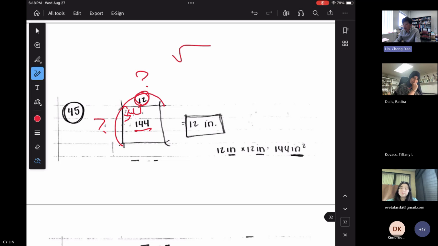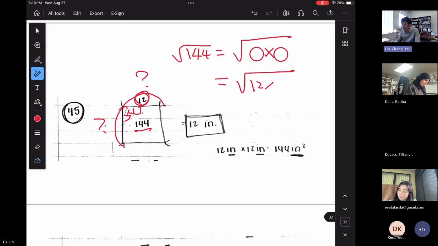So we have the square root of 144, which is a number times itself. We find it's 12 times 12. So therefore, it's 12. And then 12 what? 12 inches. Don't forget about the unit.